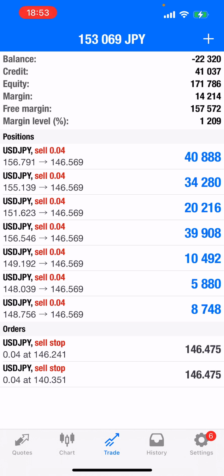Now, look at the lot size I used to turn a $10 account into 1,500 within 2 weeks. Very low, tiny lots, and all these lots were opened on different days and at different levels in the market: 156, 155, 151, 156, 149, 148, 148.